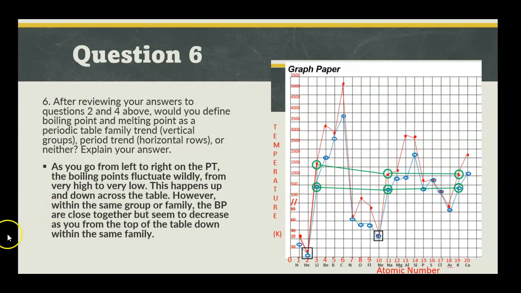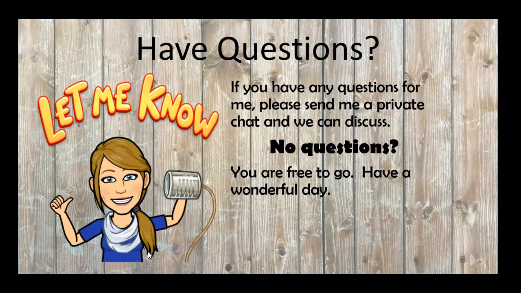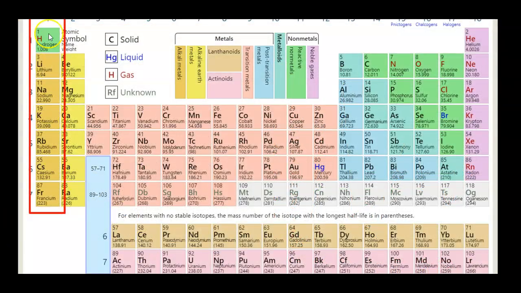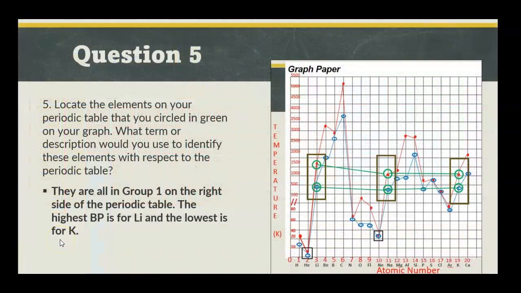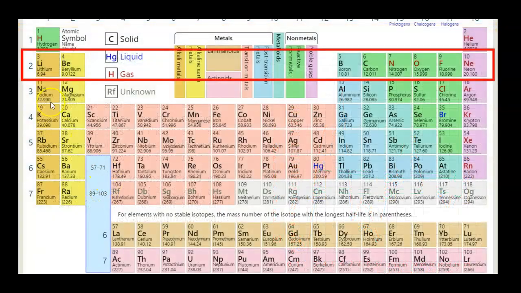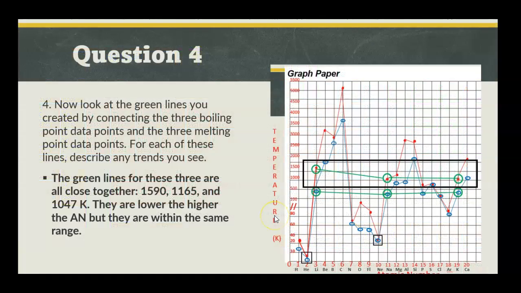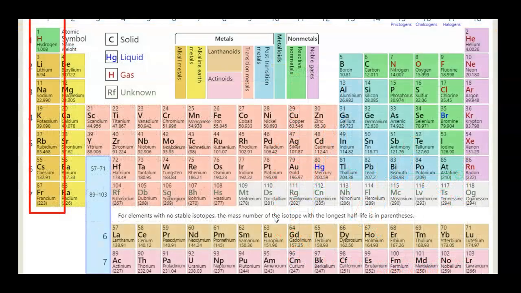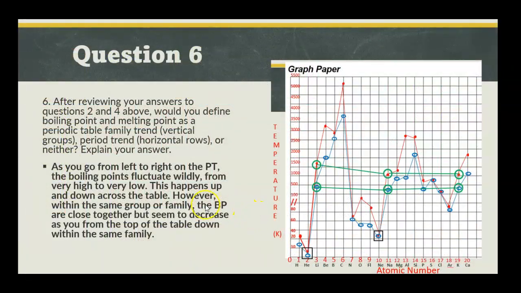So it's asking specifically, do we see a trend this way, or did we see a trend this way? Okay, so let's go back to that question. Where did we see the biggest trend here?